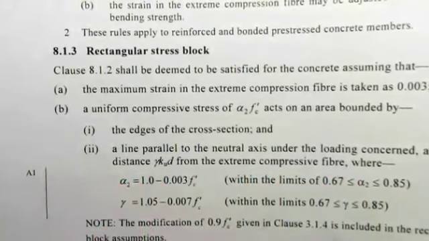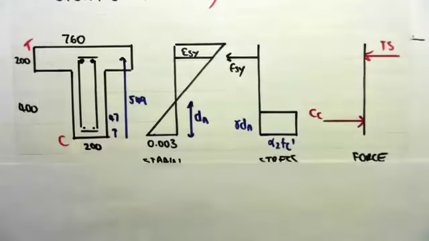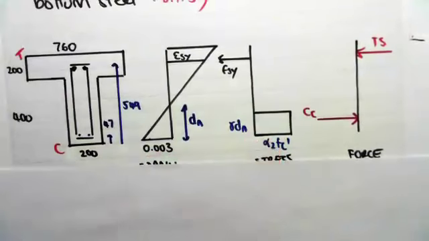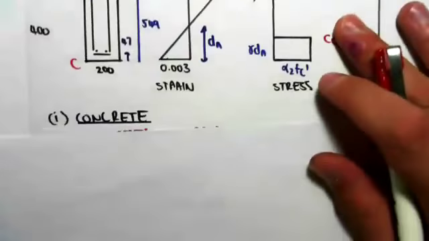Okay, so we're going to be seeing that now. So once again, from the code we extract the maximum strain in the compressive fiber as well as the rectangular stress block. So we're first going to be working out the concrete.